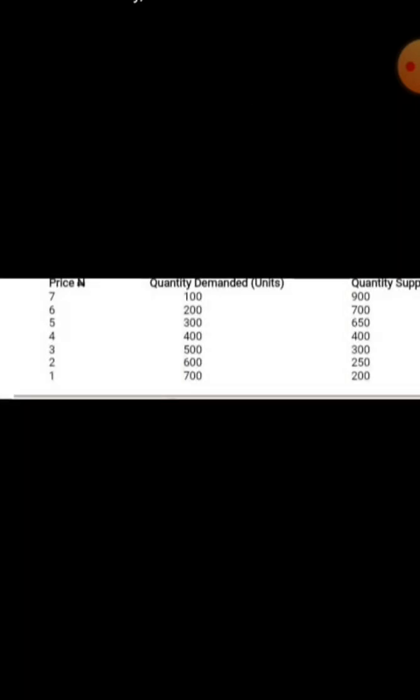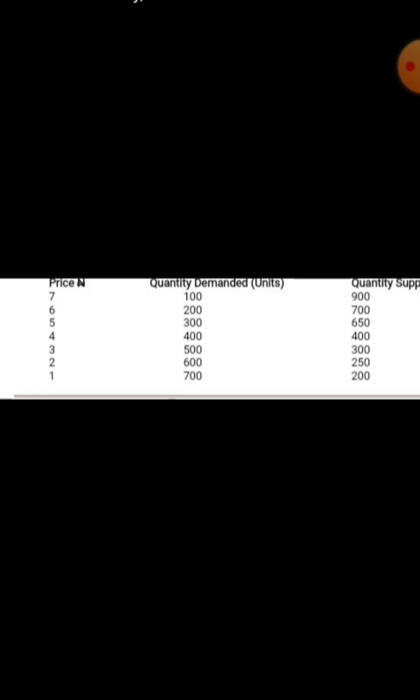Now, last class I explained to you what a supply schedule is. It is a table that shows the relationship between price and quantity supplied at a particular time in the market. The table we have here shows the quantity demanded and supplied in the market at different prices.